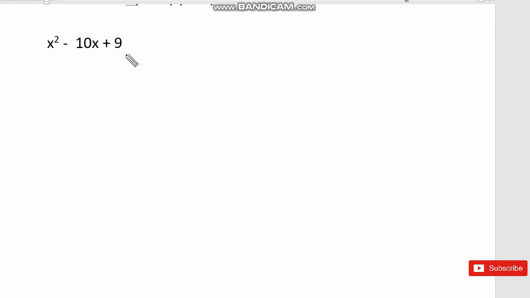First of all, what we are going to see here is to factorize the 9, as the product must be plus 9 and the sum must be negative 10. So what we see here is we can take both signs as negative, because negative multiplied by negative we get plus, and negative we get the minus 10 as a sum. So what are the factors? Let us see.